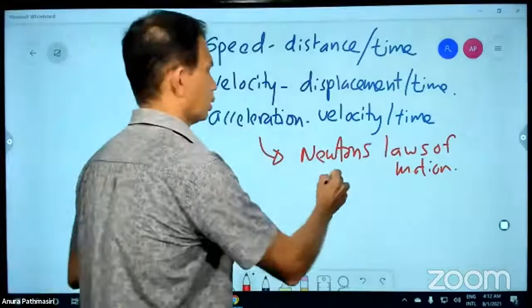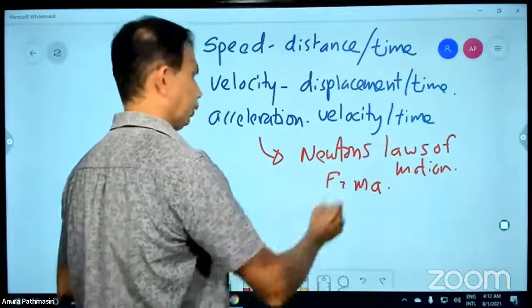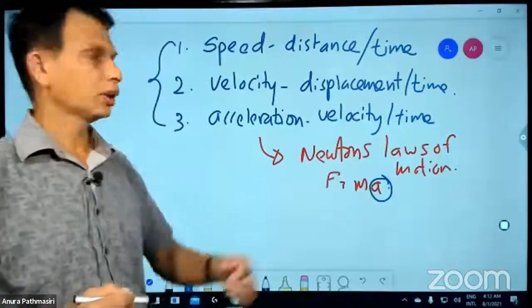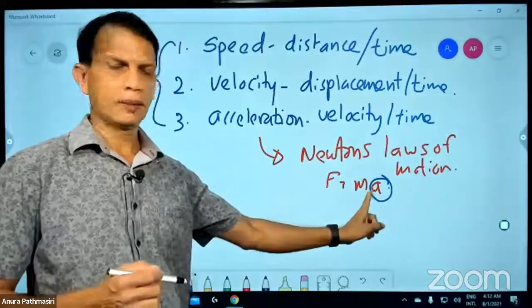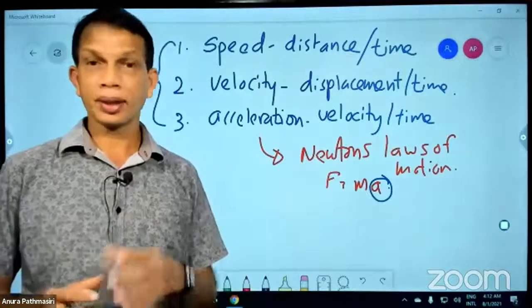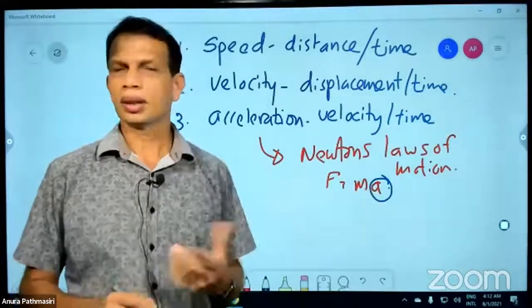There you can see F equal ma. The key point, as I told you, is acceleration. Here we are discussing the force required to give an acceleration to a certain mass. So you can take that one.